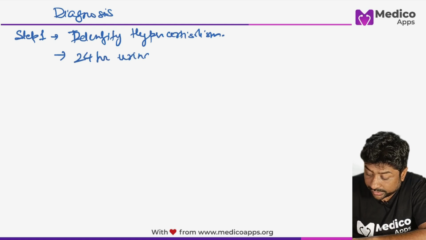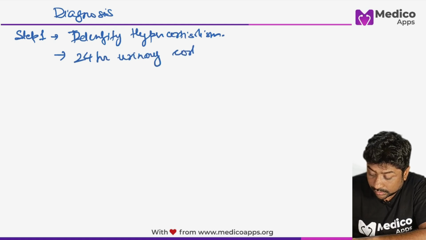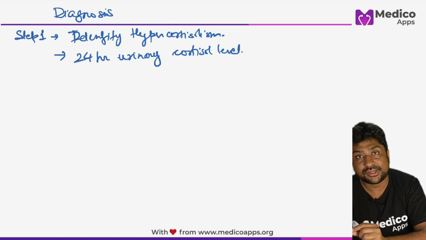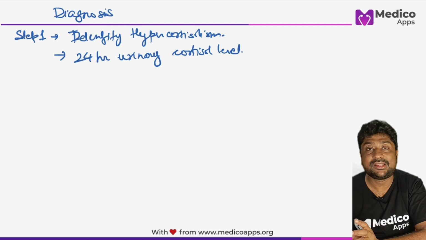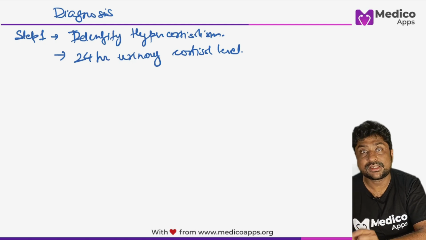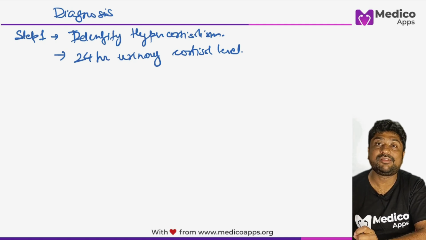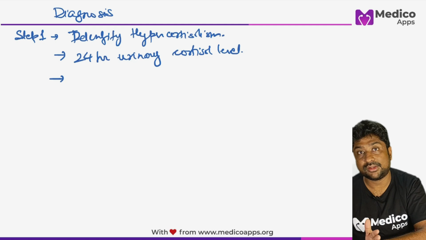First is we can go for 24-hour urinary cortisol level. Okay, and why we go for 24 hours is because we have seen that there is a diurnal variation in these cases. So 24-hour urinary cortisol level will ensure that your sample is indicative of the 24-hour cortisol levels.